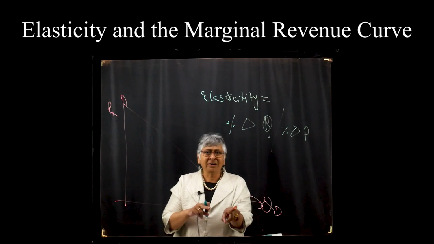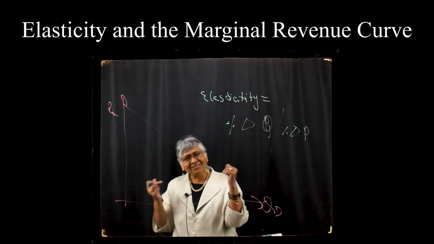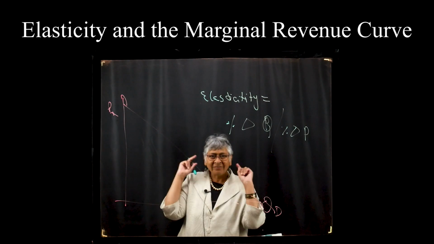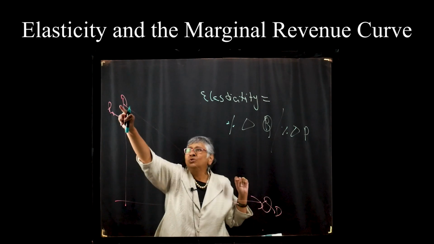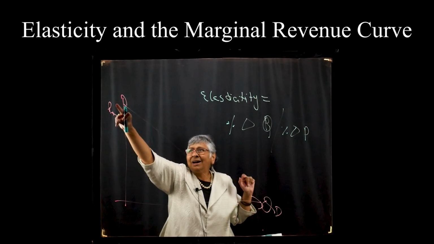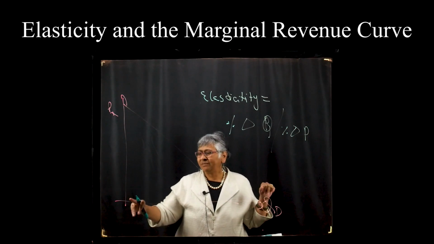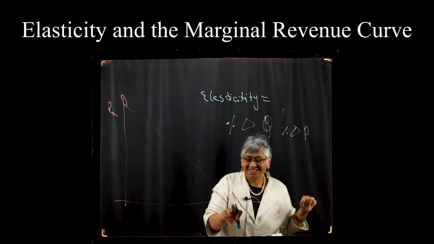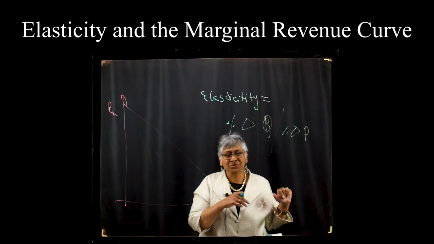Doesn't matter what quantity is. If price is 0, my revenue is also 0. Revenue is price times quantity. So if price is high and quantity is 0, 0 revenue. If price is 0 and quantity is high, revenue is also 0.